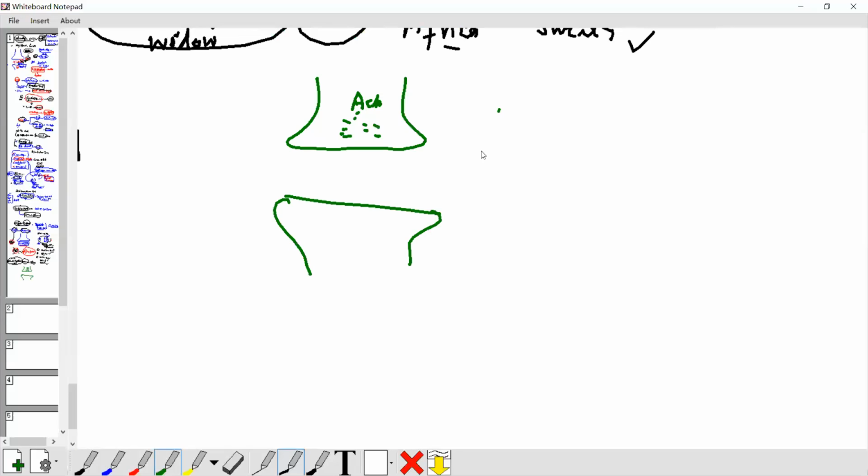When the spider venom enters your body after the bite by the black widow spider, the venom increases the release of acetylcholine.